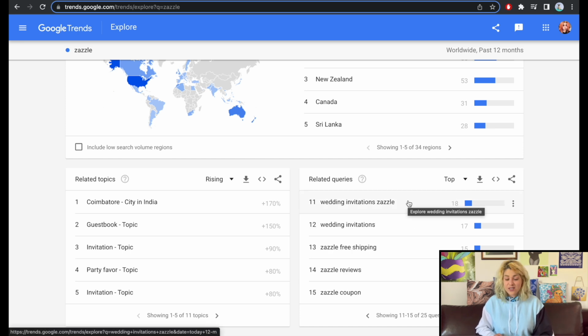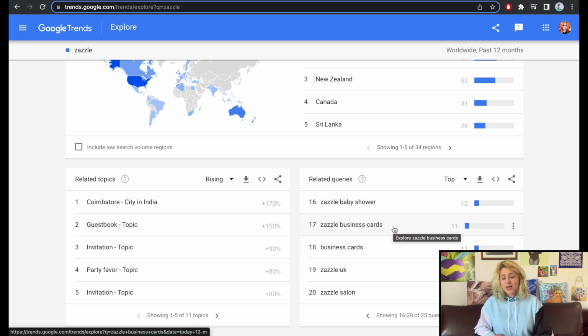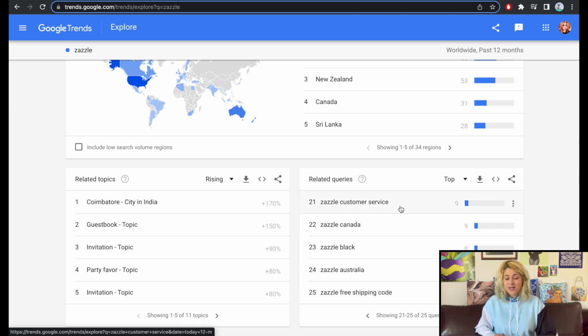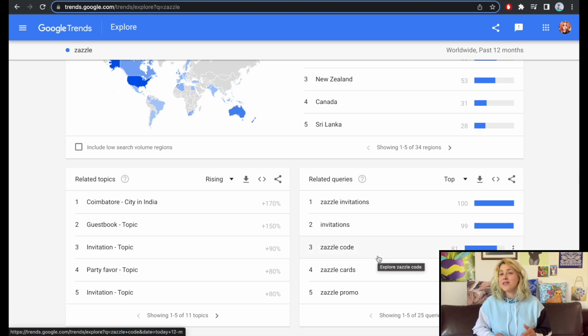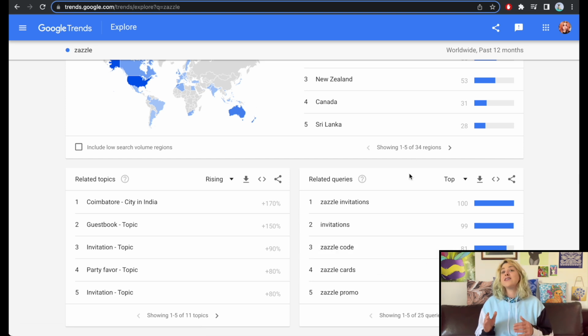Wedding invitations, Zazzle, wedding invitations, Zazzle free shipping, reviews, coupons, Zazzle baby shower, Zazzle business cards, Zazzle UK, Zazzle salon, Zazzle customer service, and the Zazzle Black. And as you can see here, I'm pretty sure that you can imagine what is going to be the most selling or the easiest items to sell or rank on Zazzle, because those are the items that people go to Google and search for the most.